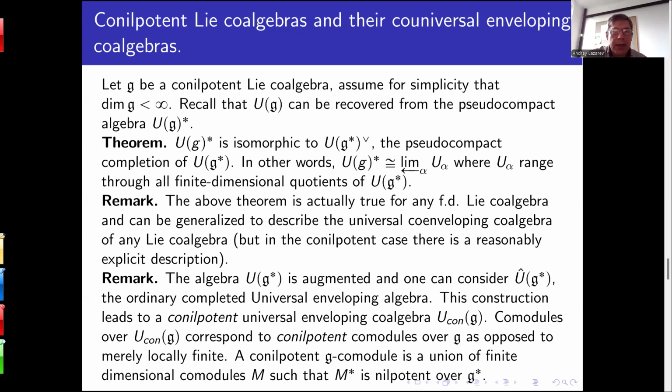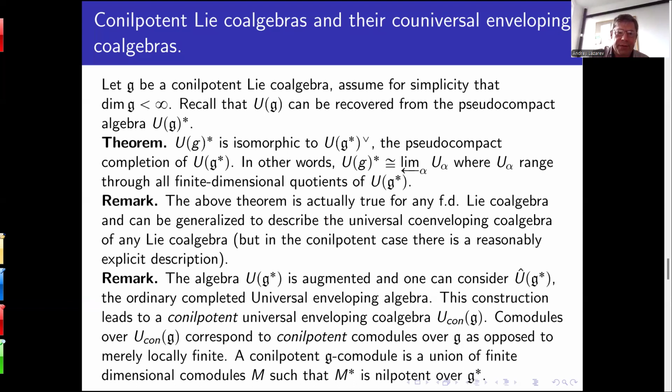Okay, so let me talk a little bit about conilpotent Lie coalgebras and their universal enveloping coalgebras. So recall that co-associative coalgebras are equivalent to pseudo-compact algebras by linear duality.